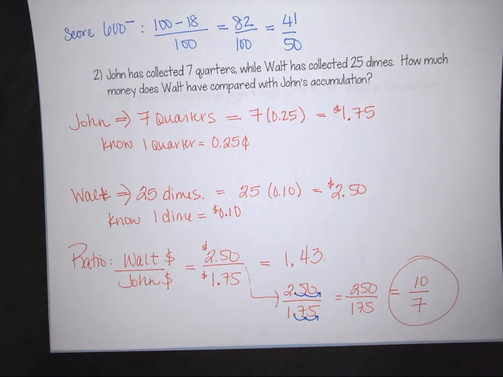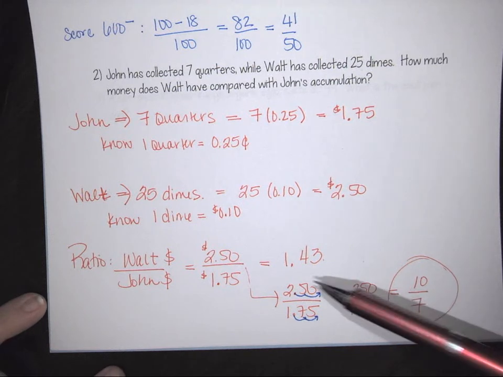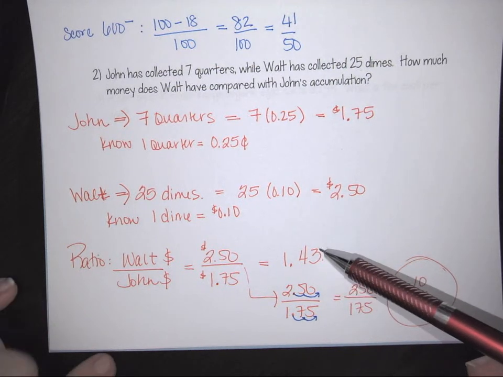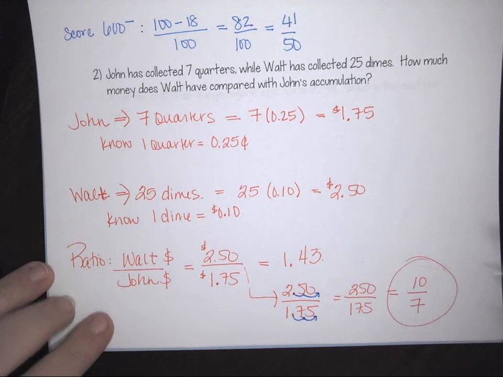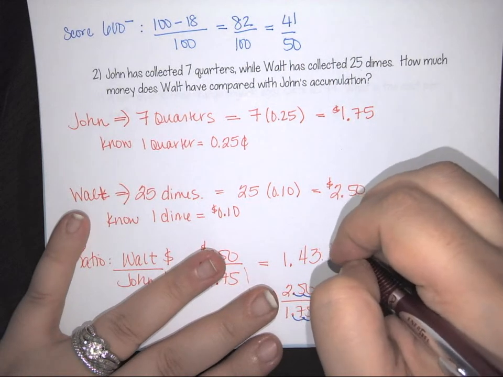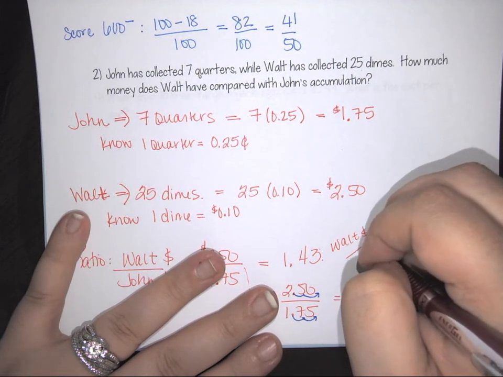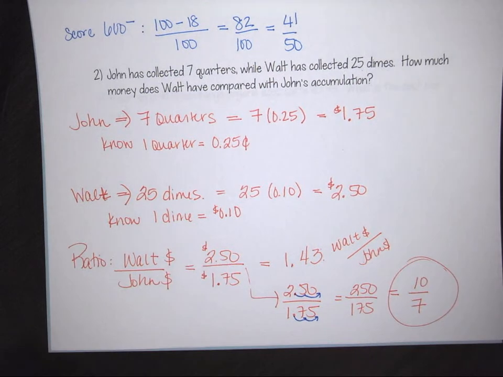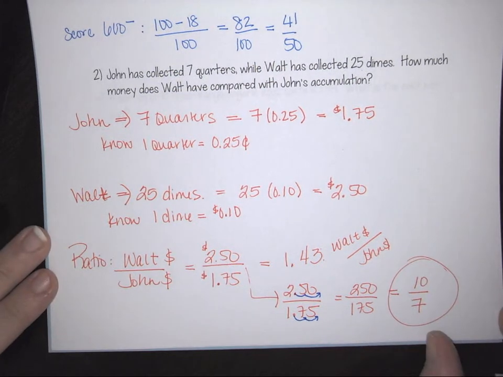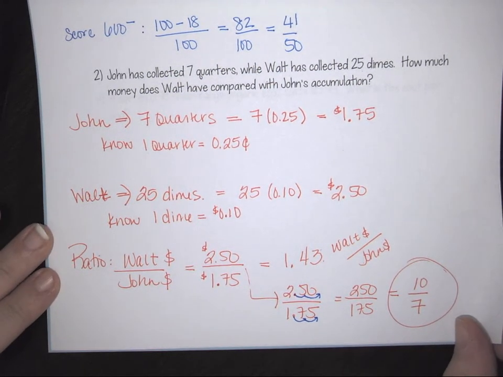So it's just basically, it's your ratio. And then you have to look at what exactly is it that your question is getting at. In order to know, are we looking at the fractional ratio or are we looking at a decimal type ratio? Again, this is still going to be Walt's money to John's money. Okay.